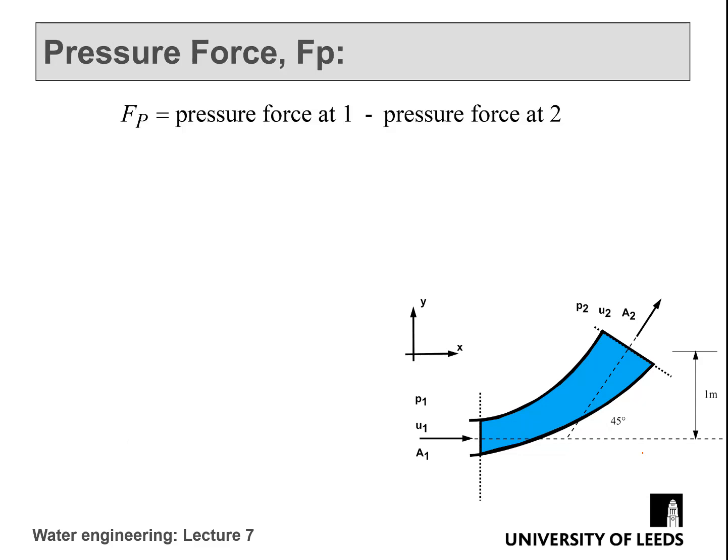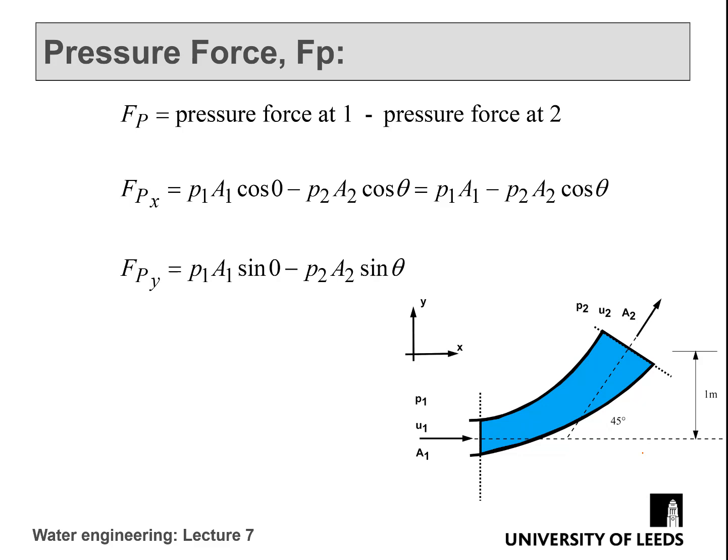Pressure force. Right, pressure force is the change in pressure force between phase 1 and phase 2, and we do this again in the x and y directions. So it's P1A1 cos theta, and theta is 0, minus, in this case, P2A2 cos theta, and theta is 45 in this case, which simplifies to that because cos 0 is 1.